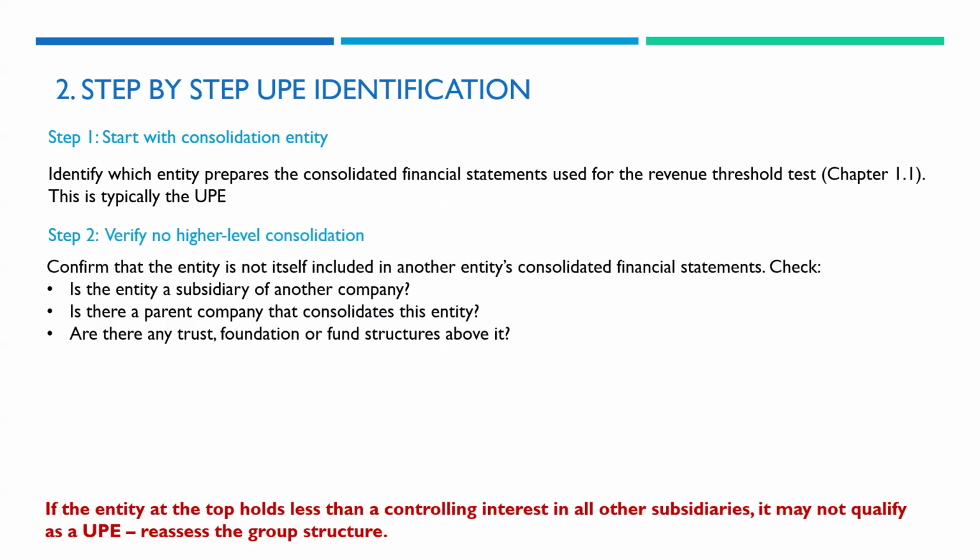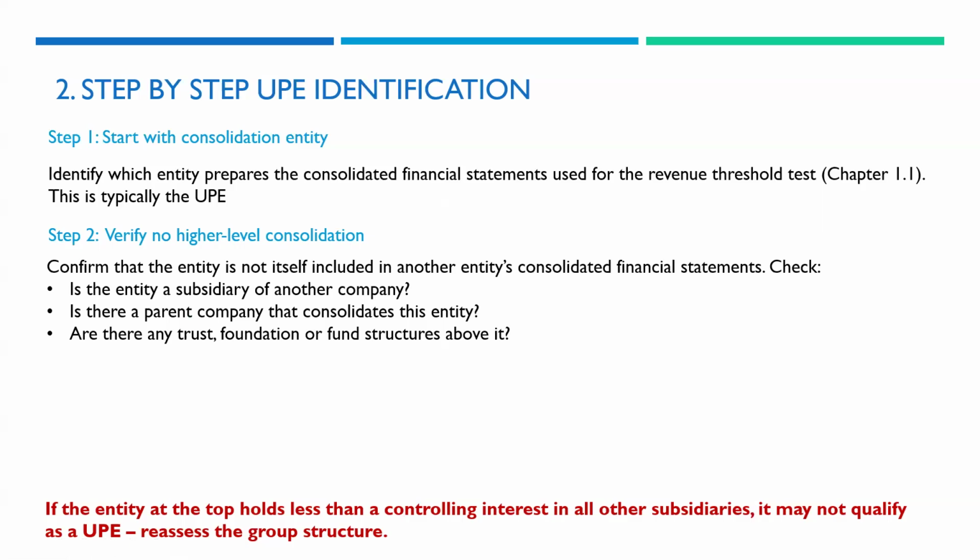Now, verify that there is no higher level consolidation and just confirm that the entity which is preparing the consolidated financial statement is not a subsidiary of another company, or that there is no parent that consolidates this entity, or that there are no trust, foundation or fund structures above it. It could have individuals holding it.